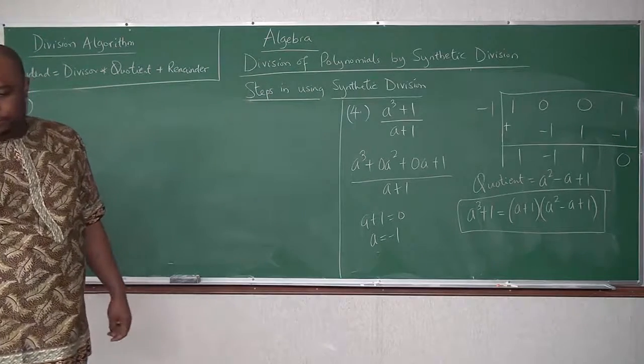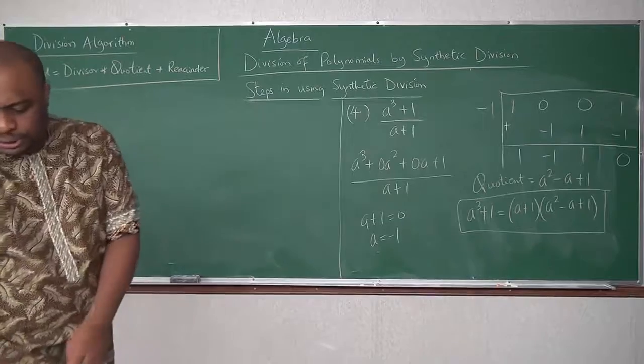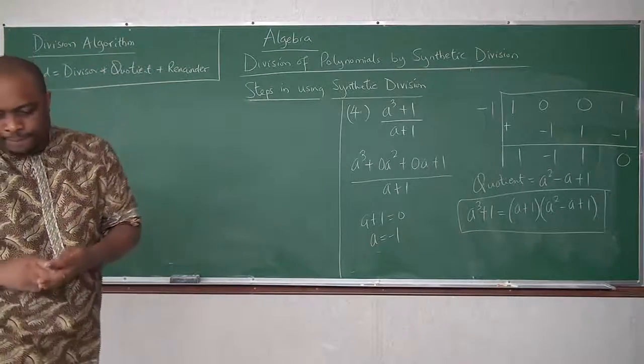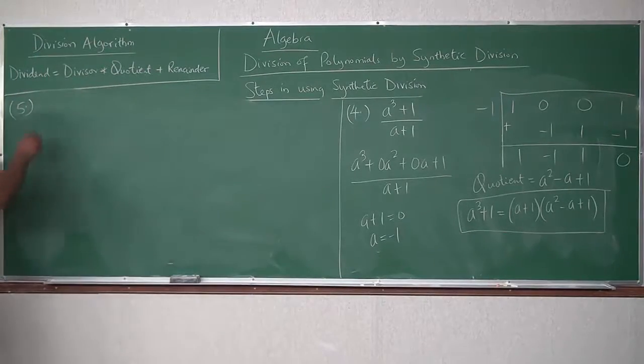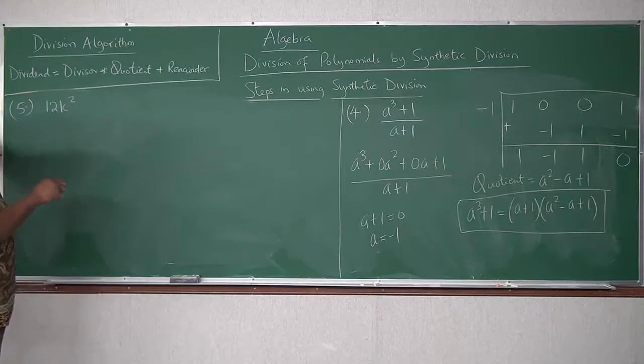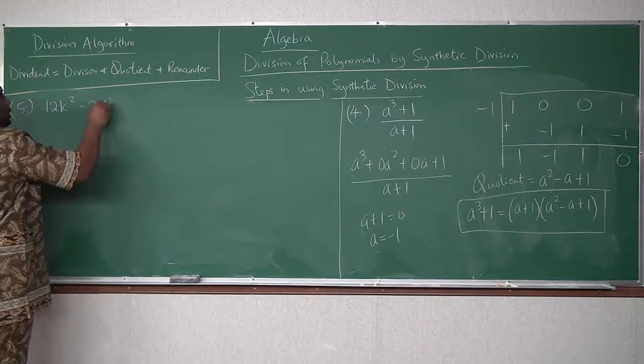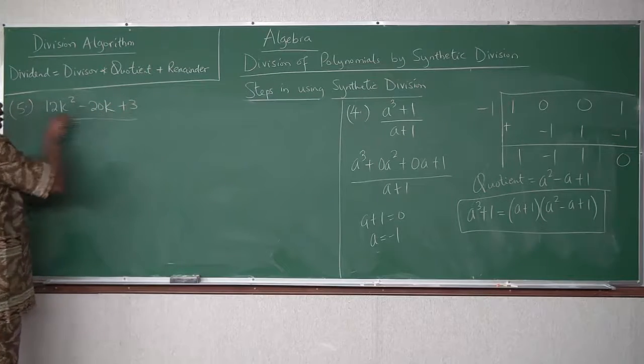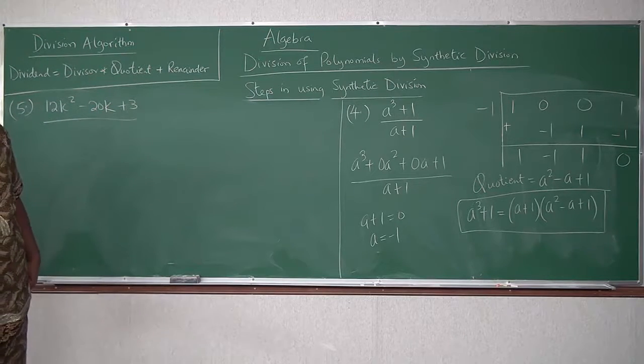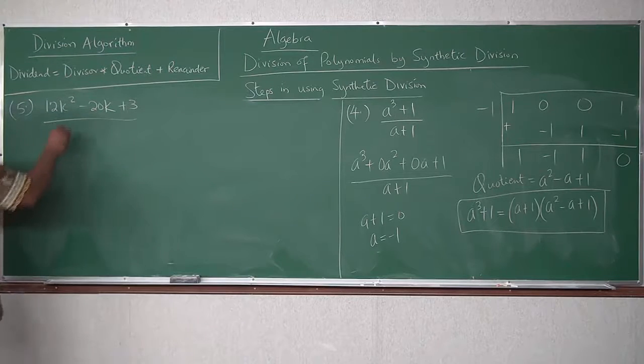We have 12k squared minus 20k plus 3 all over 2k minus 3.